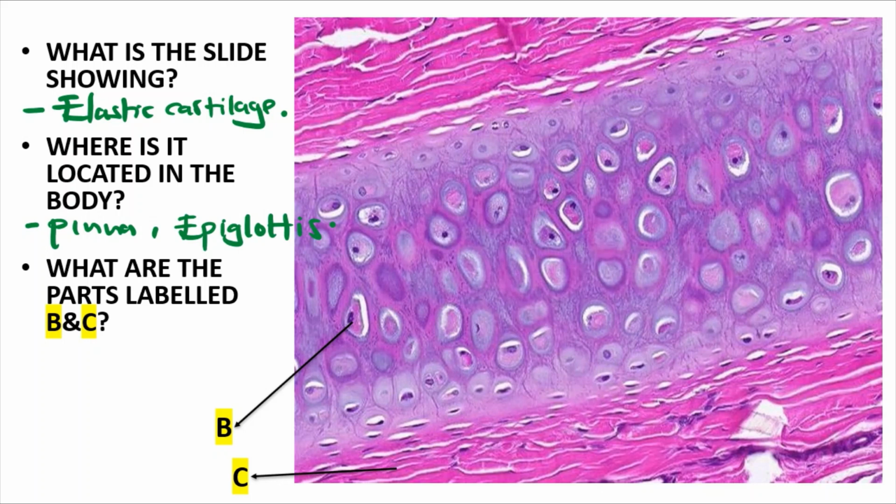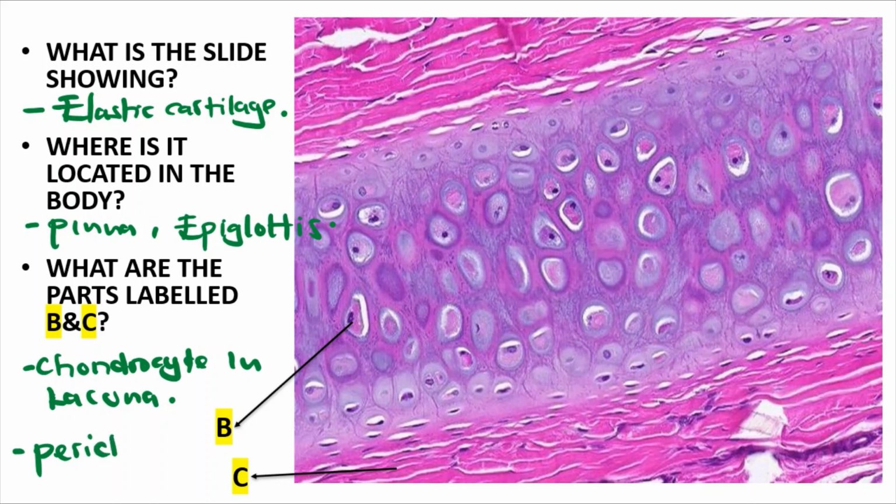The part labeled B is the chondrocyte in a lacuna, a space called a lacuna. C is a connective tissue that is surrounding the cartilage, so this is a perichondrium.